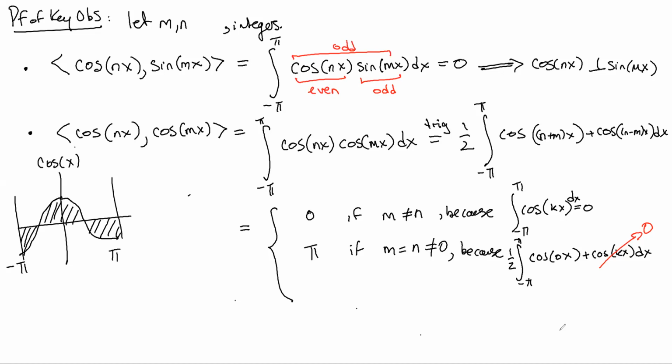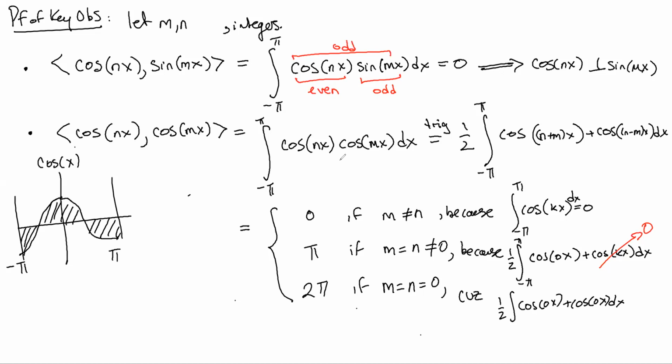Then there's one more case, which is if m is equal to n is equal to 0. You get half the integral of cosine 0x plus cosine 0x dx, and that's 2 pi. These are some trig integrals from Math 1B or whatever. So that's what happens with the cosines.